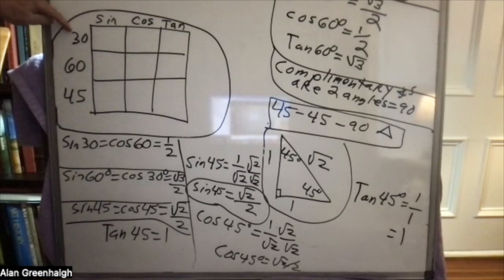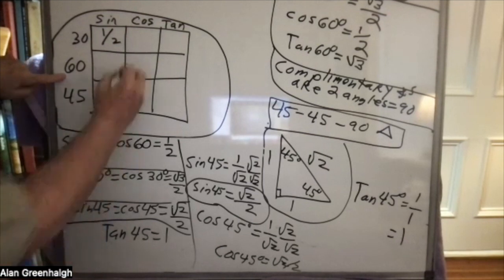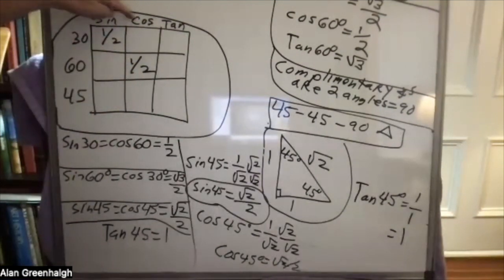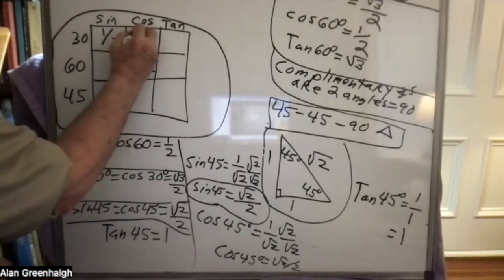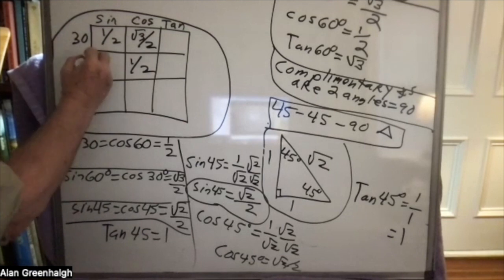The sine of 30 is 1/2. The cosine of 60 is 1/2. The cosine of 30 is the square root of 3 over 2. The sine of 60 is the square root of 3 over 2.